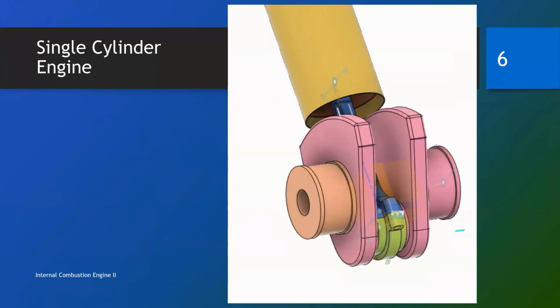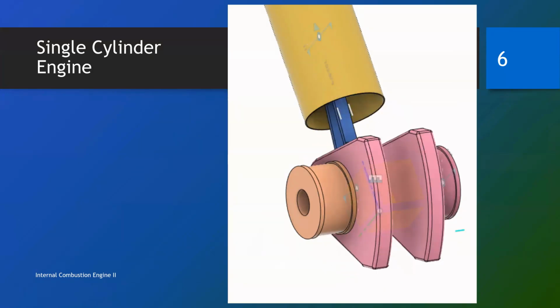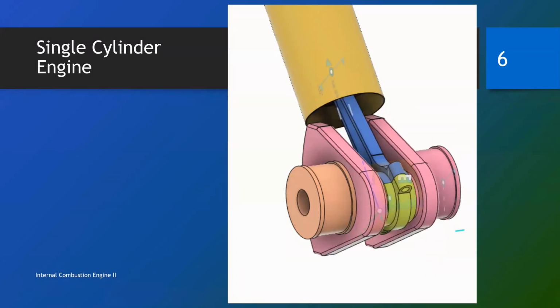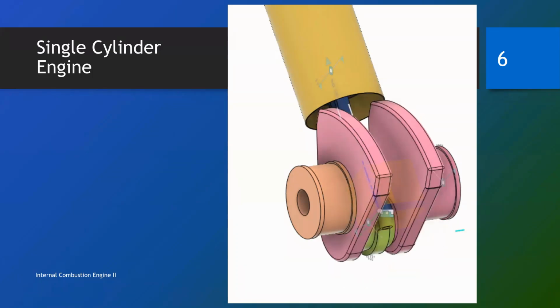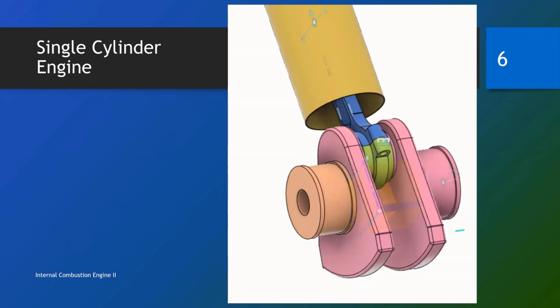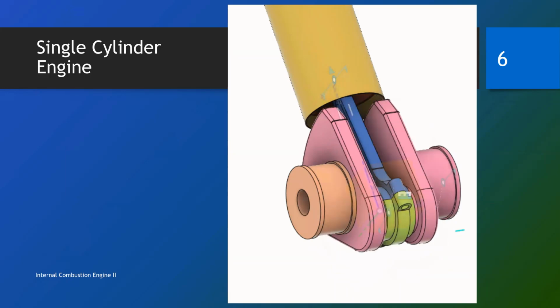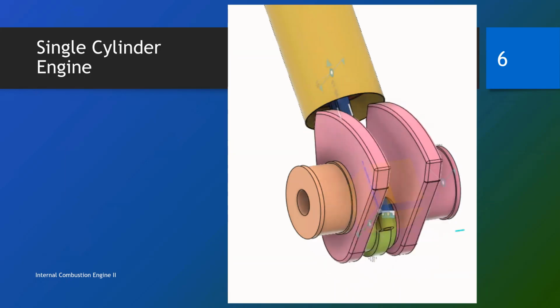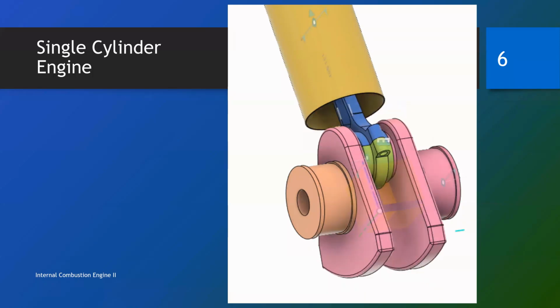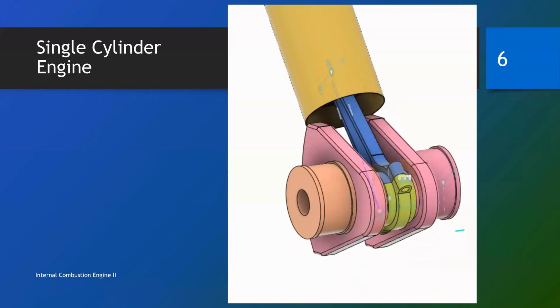Okay, I want you to also note that the engines we have been looking at, whether it is a V engine or an inline engine, were built from a single cylinder. Before you start assembly, you must first make sure that you have a properly working single cylinder with all the motions and the displacements done correctly.